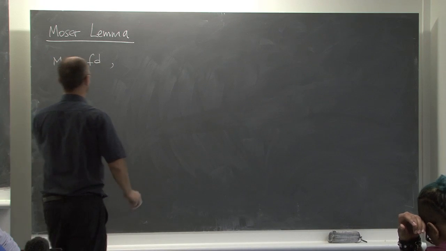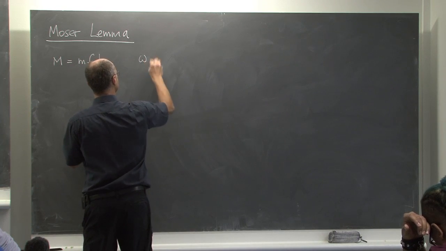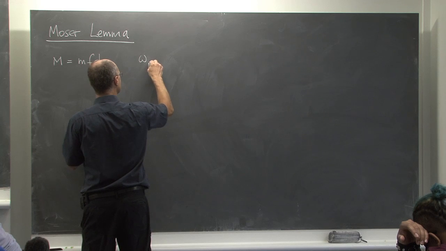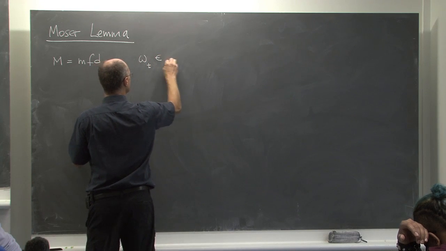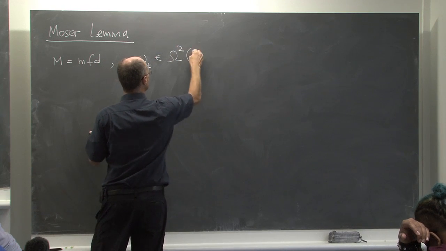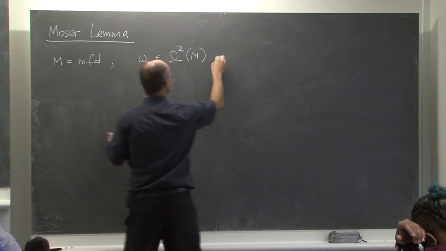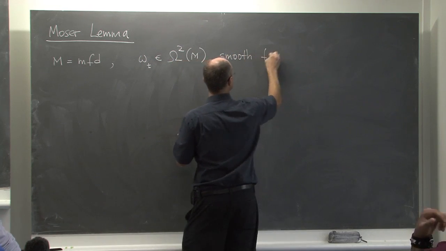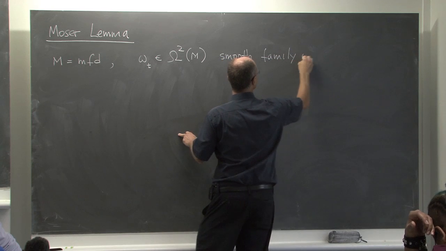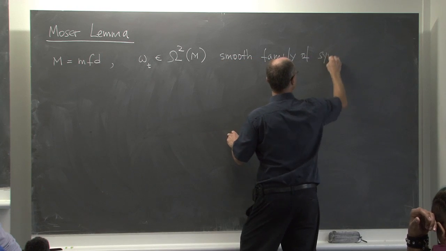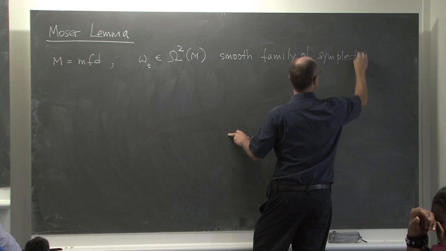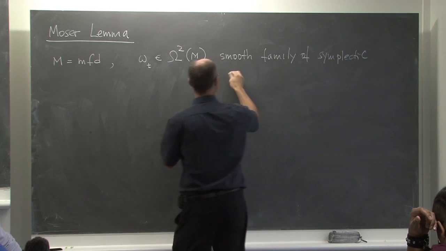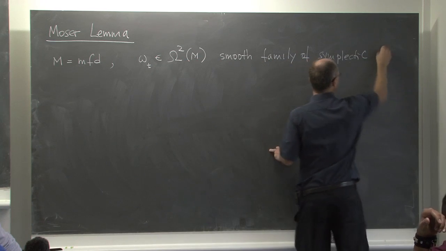So M will be a manifold, and omega t will be a smooth family of symplectic forms.